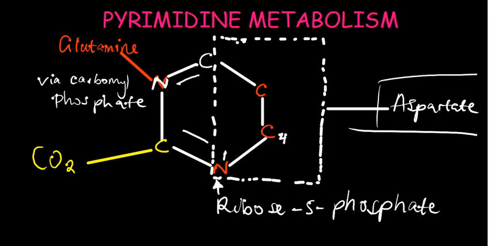And this carbon that's right here is donated by carbon dioxide, like you can see. Then carbon number 3, which is this one, comes from the amide group of glutamine. You're going to see all this as we go further in explaining exactly what happens during the de novo synthesis and the salvage pathway.